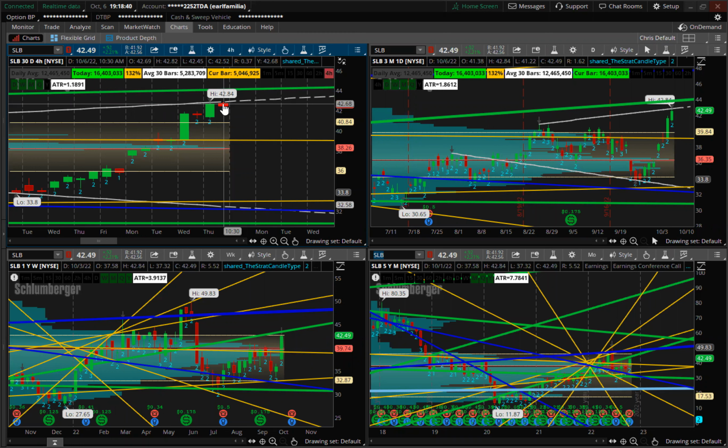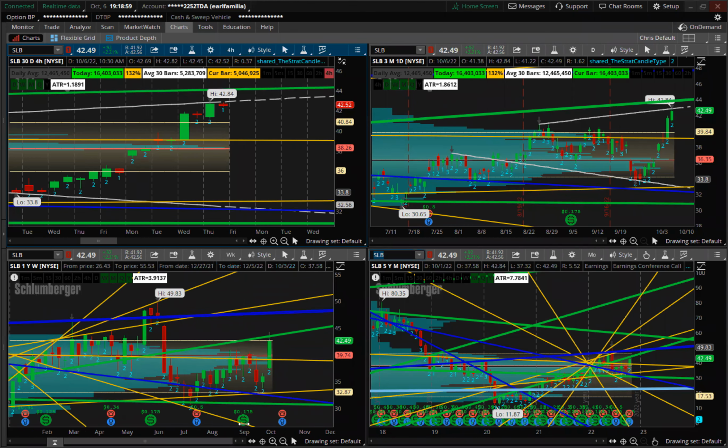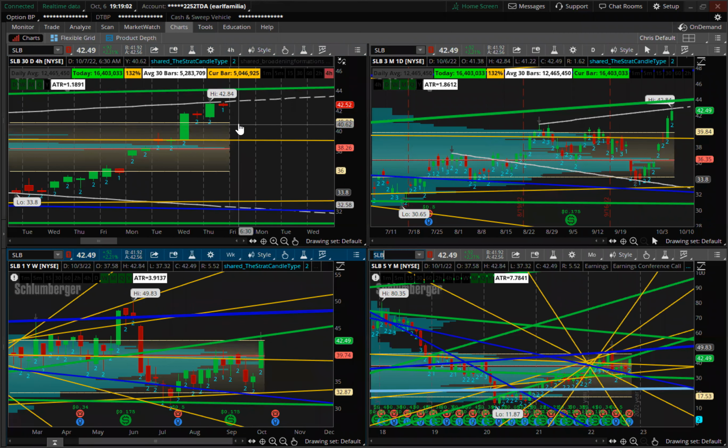So I'm looking at an entry here above 42.82 on SLB, Schlumberger. Because of where we're at in price point, I'd be looking to take this one close to the $43 level. And depending on how bullish and how crazy things are tomorrow, $44 seems ambitious, but we went 92 cents today, and that was an outstanding day. Thursday did even better, I think it was close to a 4% day.